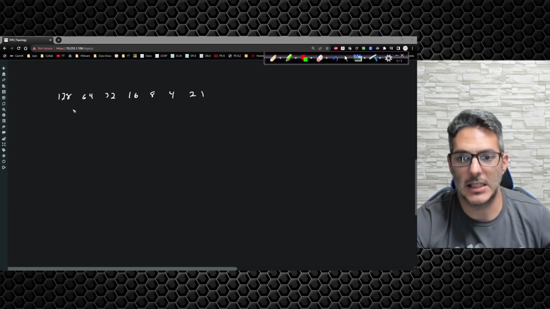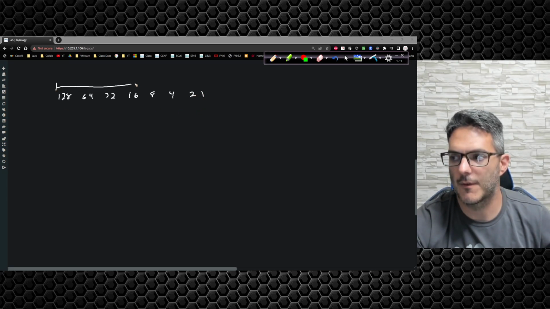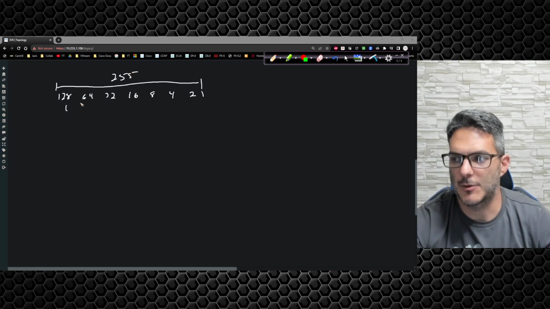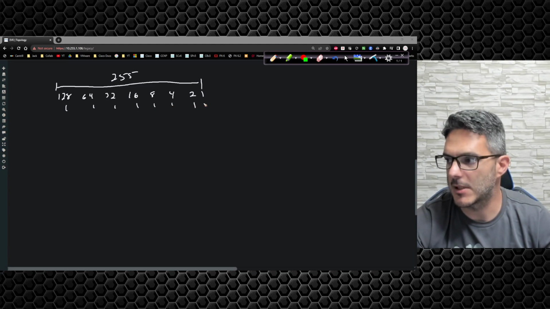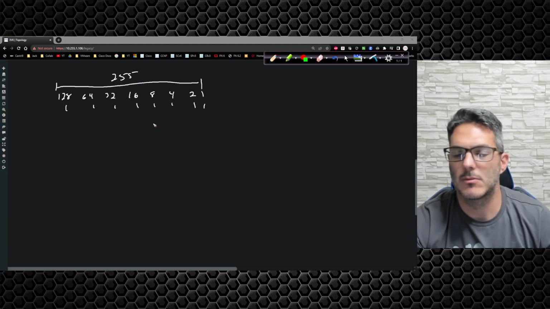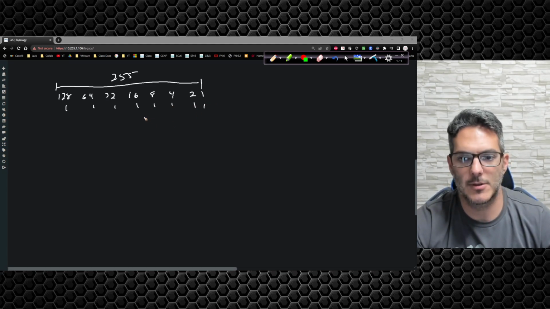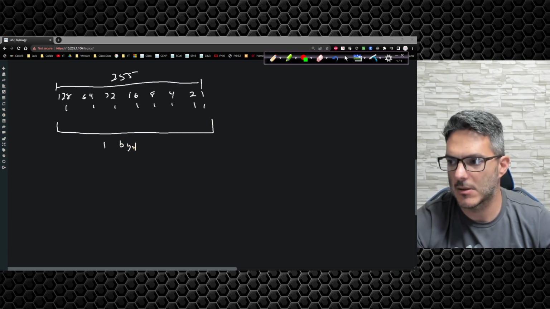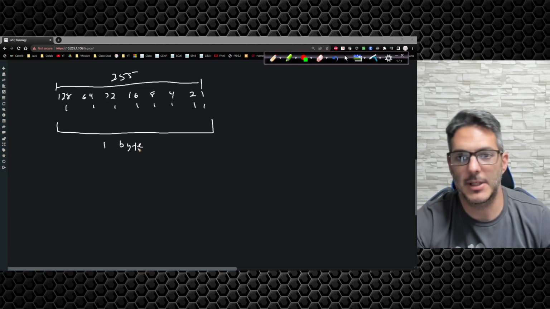If you add them up, you get 255, and if you turned all these bits on, that's 255. That math works just fine. But this is considered a byte. Why is it referred to as a byte? Because a byte is 8 bits.